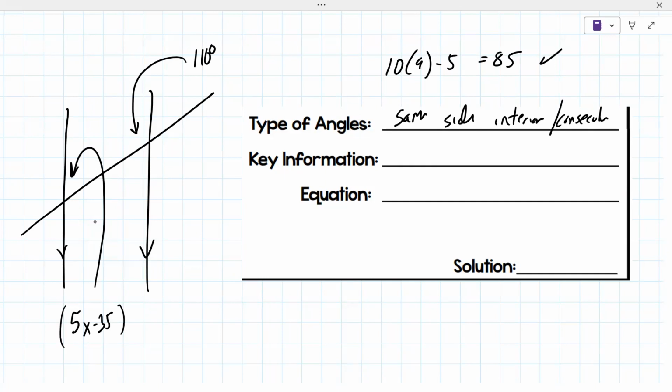These add up to 180. This would be called a consecutive angle. Well, it's consecutive interior. You may double check if your teacher has a preference for wording there. Okay. So it's 5x minus 35, and 110 at the top, and they add up to 180.